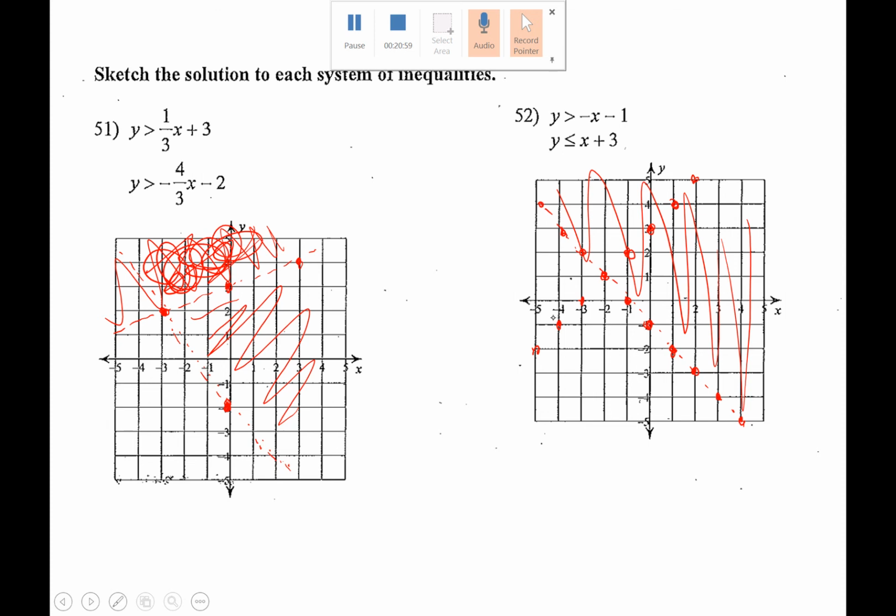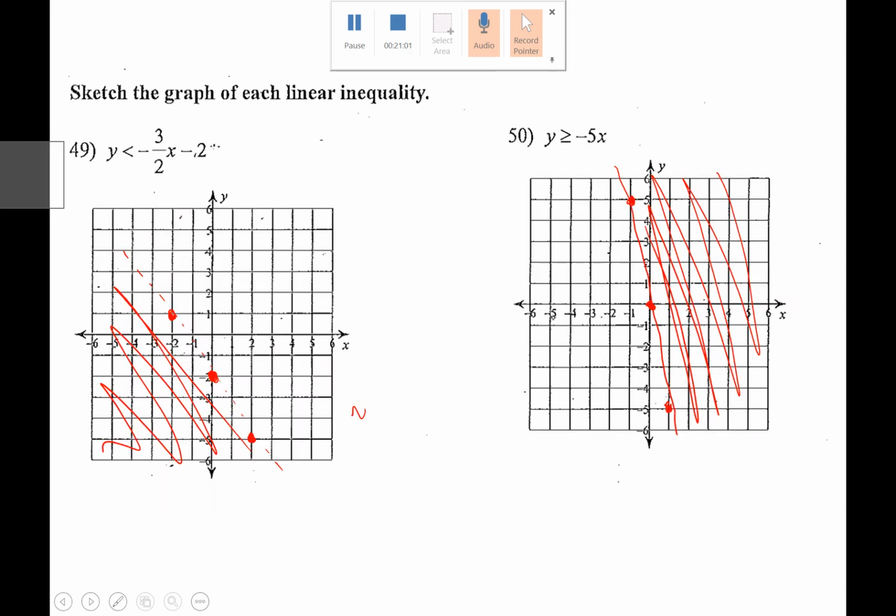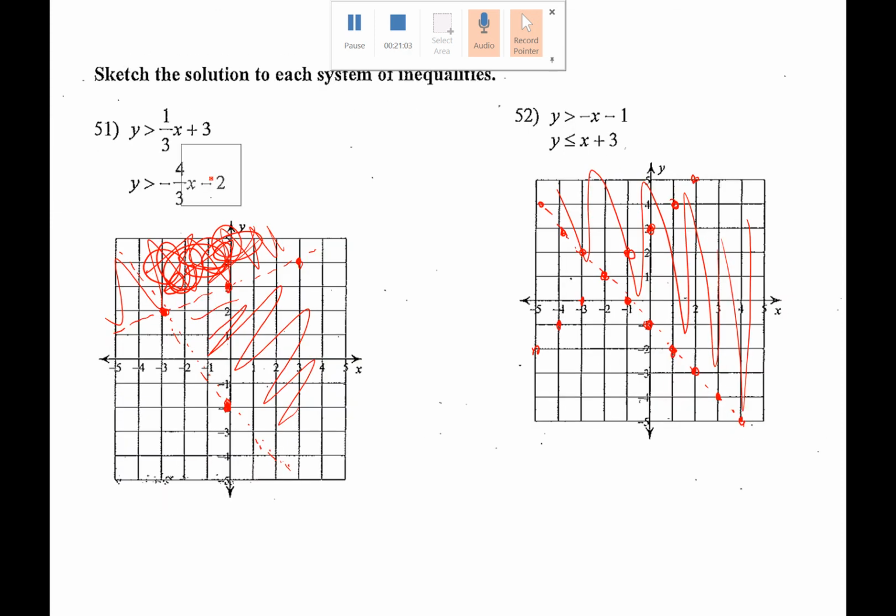So here are my points, and then all I'm going to do is graph those. And that's a solid line. It does say less than or equal to, so I'd be shading everything to the less than of this line. So your main overlap area is going to be in this section right here.